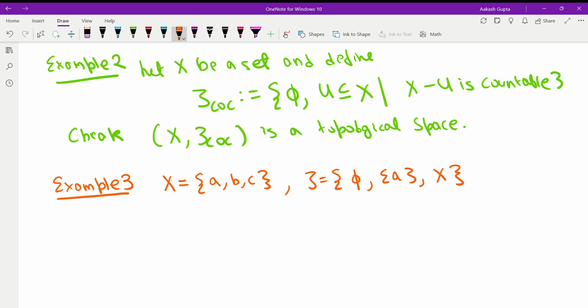Give me a moment. Okay, yes, this is fine. So what is the claim? (X, tau) is a topological space.